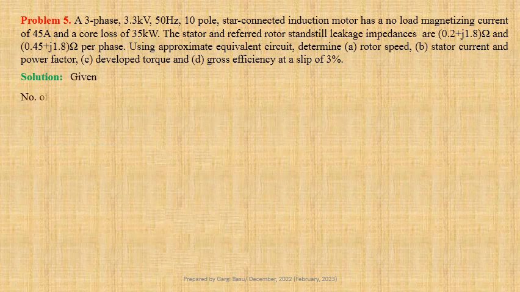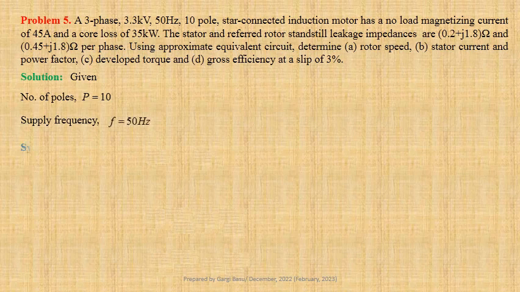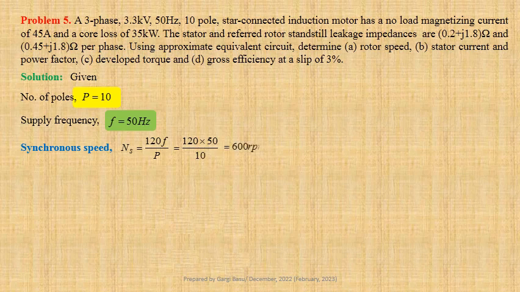Given number of poles of the machine P equals 10 and supply frequency f equals 50 Hz. Let us now calculate synchronous speed. Ns equals 120 f by P. Using values we get 120 into 50 divided by 10, that is equal to 600 revolutions per minute.